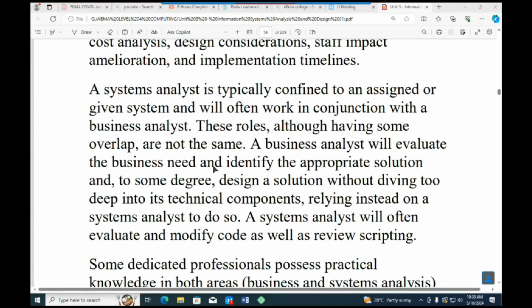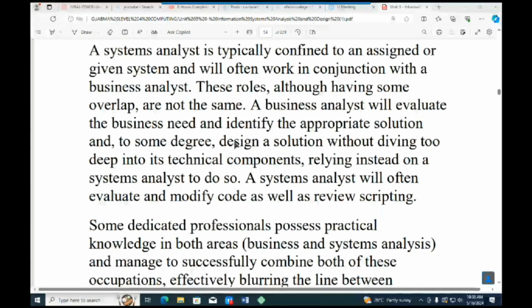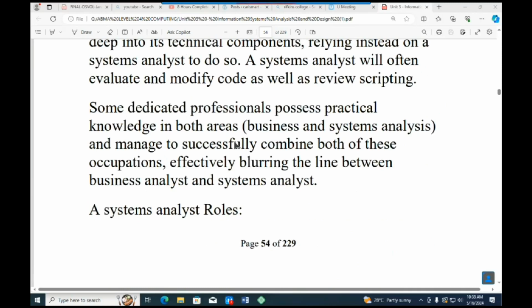A system analyst, on the other hand, is going to do an evaluation and also modify code, and is also going to review some scripting. So the business analyst is not involved in the technical aspect of the system, while the system analyst is involved.